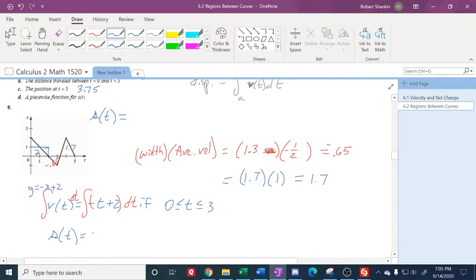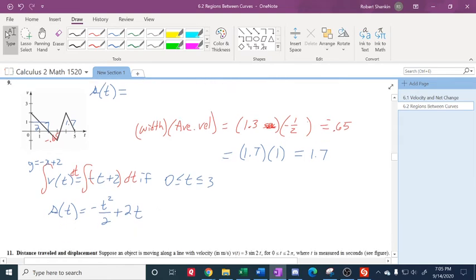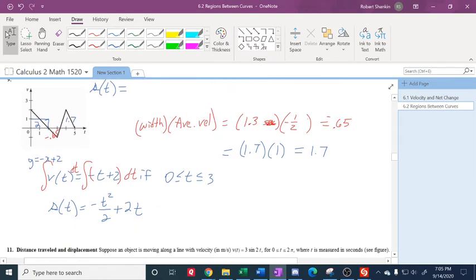And then negative t squared over 2 plus 2t. But this is only true in this range, t between 0 and 3. And now we would get potentially a plus c when you do this integral.